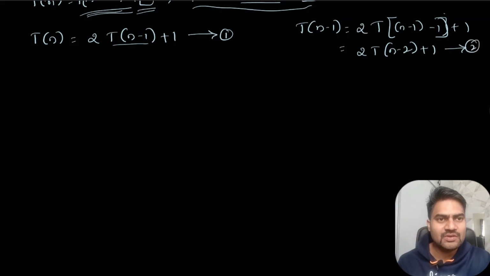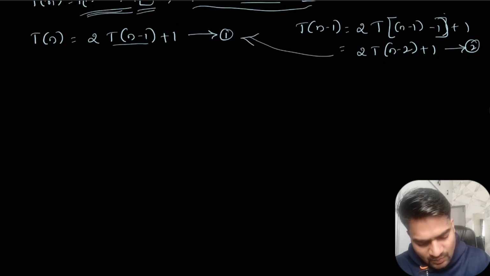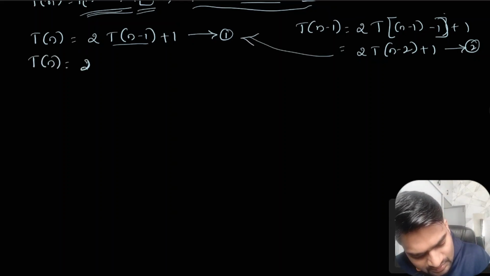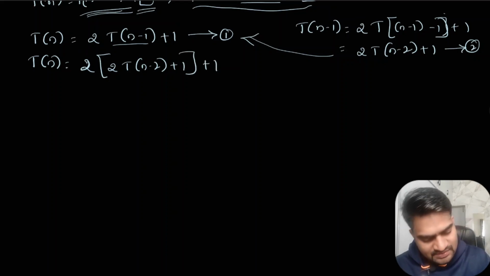Now what we will do, we will substitute this equation 2 in 1. So our T(n) will be 2 into, this is our T of n minus 1, so that will be 2T of n minus 2 plus 1, then plus 1.